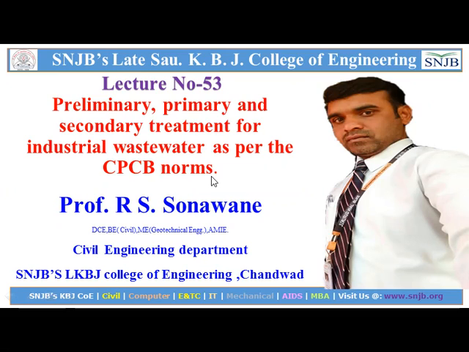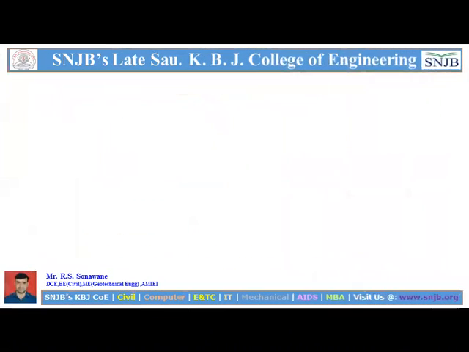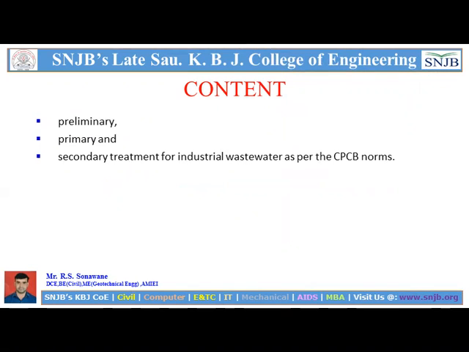This lecture relates to the treatment process of industrial waste as per the CPCB norms. We will see the preliminary, primary, and secondary treatment for industrial wastewater as per the Central Pollution Control Board's norms.